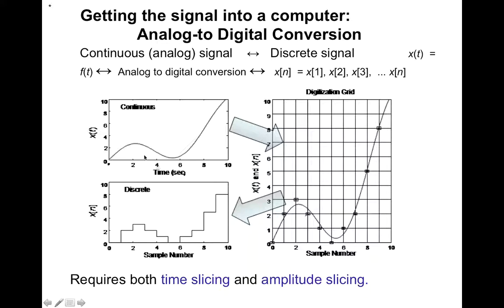So here's an example of a continuous signal. And then based on digitization, here's an example of what the discrete signal looks like. This grid is illustrating that we're sampling at specific times. But the other thing we're doing is only allowing our signal variable to take on distinct levels.